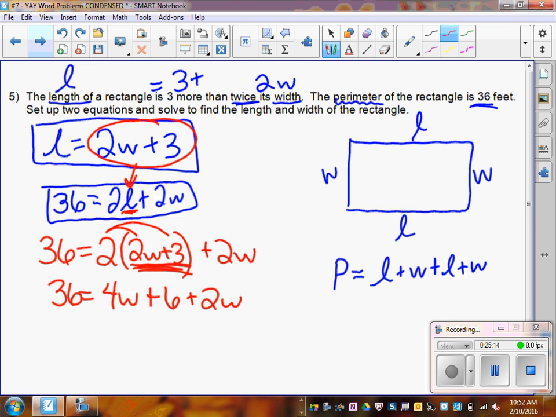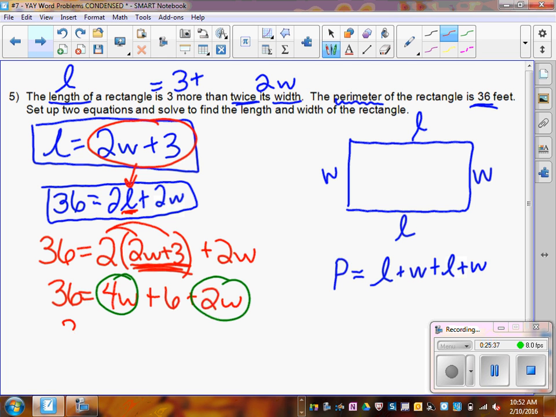Now that I've distributed, Abdul, what do you think we'll do next? Yes, very good. We can combine like terms. And Alex, which terms can I combine? 4W and 2W. Very good. You guys are getting much better at this.